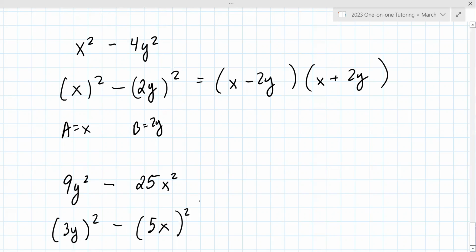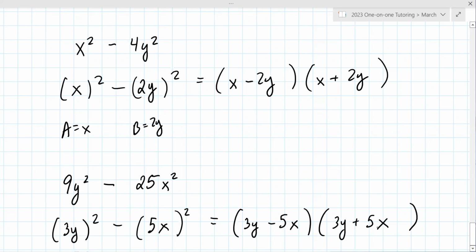So 3y and 5x. Yep. What would go in parentheses? 3y minus 5x, 3y plus 5x. Good.